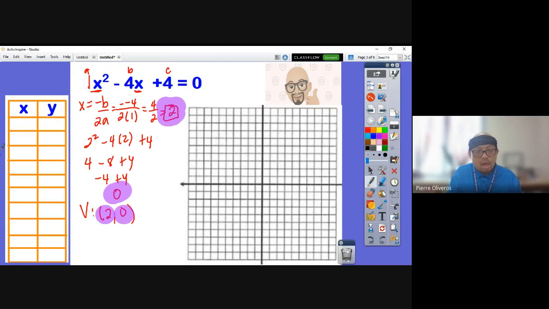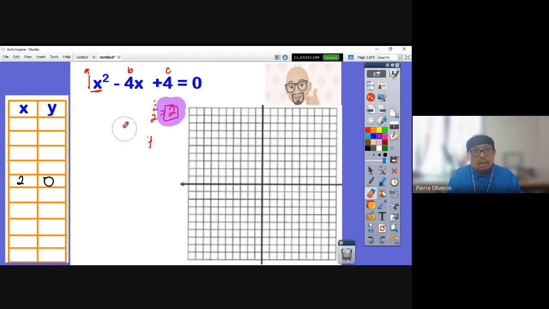Remember, you have to make a table of values here. And I will put the vertex somewhere in the middle, which is 2, 0. Now, we will need to find the rest of the points. In order for you to do that, I encourage you to use your graphing calculator or just a regular calculator. Since you know the vertex is already 2, 0, you have to pick numbers above and below 2, the x coordinate of your vertex.